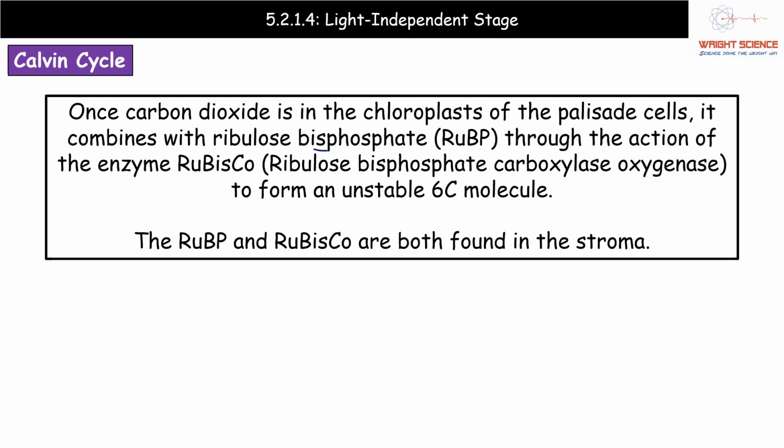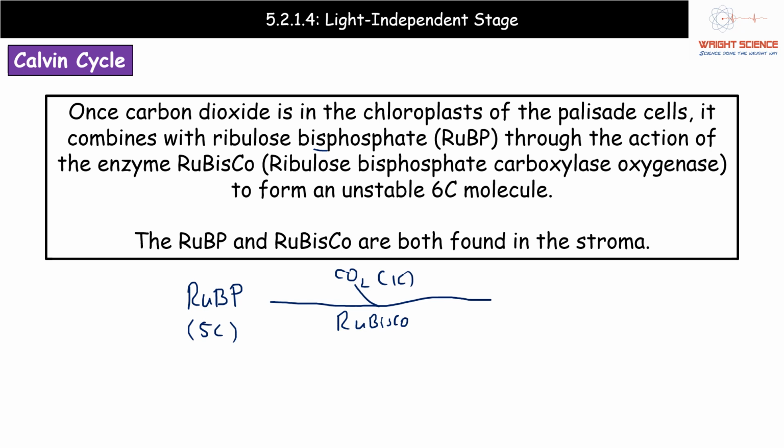Okay. Now, Rubisco is the enzyme that's then going to catalyse that reaction between RuBP and our carbon dioxide. So what we actually see happening, we start off with our RuBP, which is a 5-carbon compound, and then our carbon dioxide, which is a 1-carbon compound, is going to join with it through the action of our Rubisco, and we're then going to form a 6-carbon molecule.